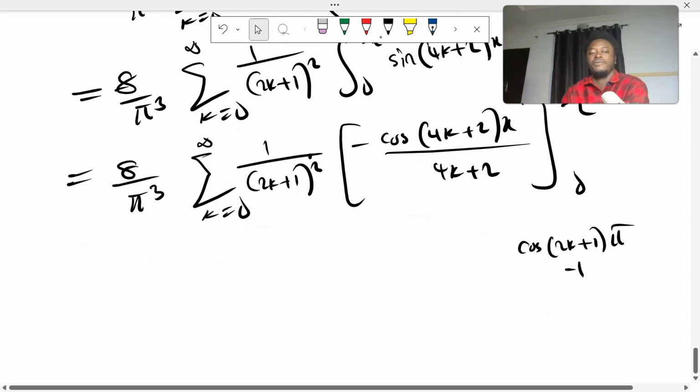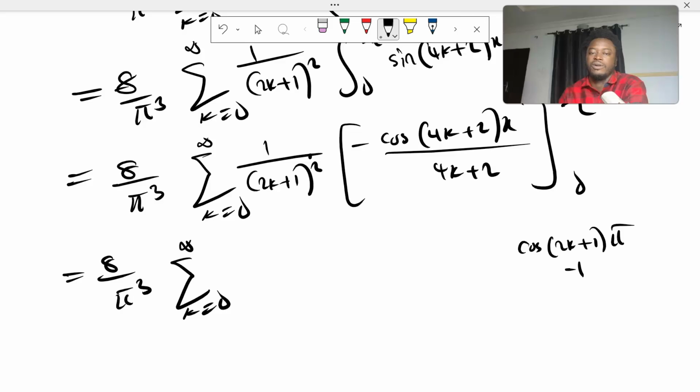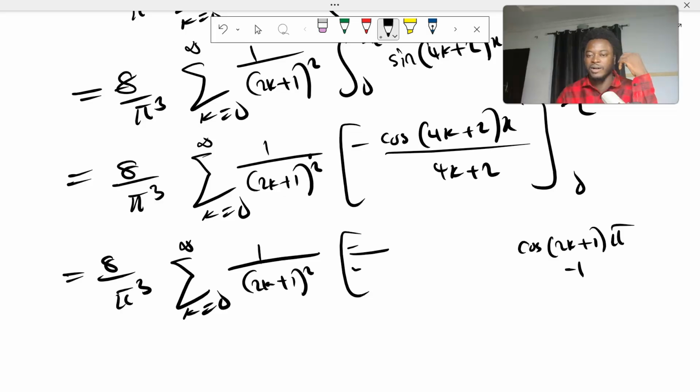Then you have negative over 4k plus 2, times negative 1 minus cosine of 0, which is 1, so you have minus 1 here.